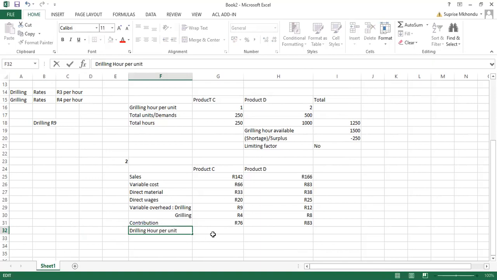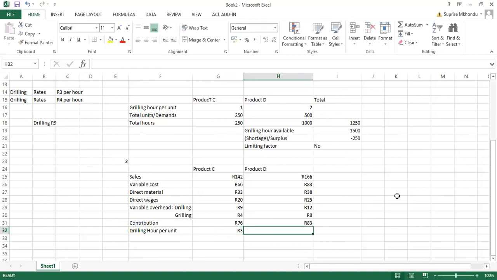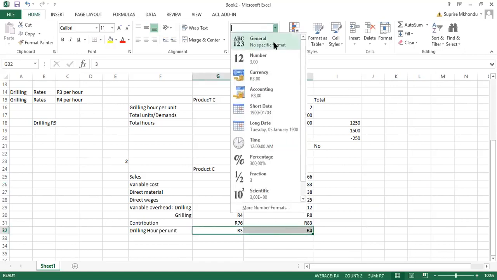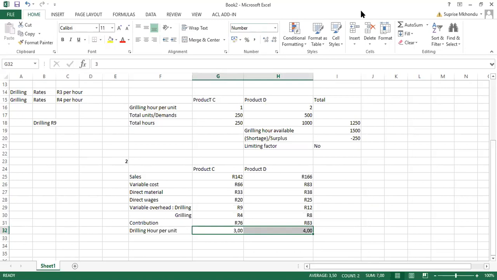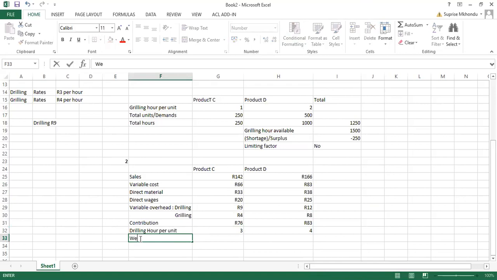Drilling hour per unit. It was 3 this side. This side, guy, 4. And these are numbers. And then now you're going to have what? Weighted contribution per limiting factor.